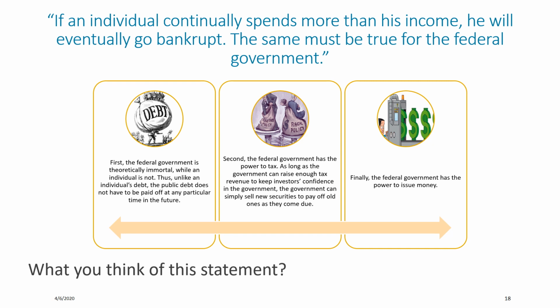Thus, unlike an individual's debt, the public debt does not have to be paid off at any particular time in the future. Second, the federal government has the power to tax. As long as the government can raise enough tax revenue to keep investor confidence, it can simply sell new securities to pay off the old ones as they come due.